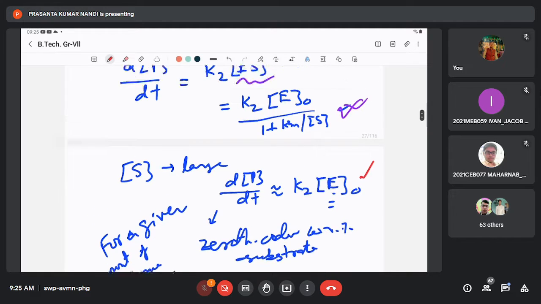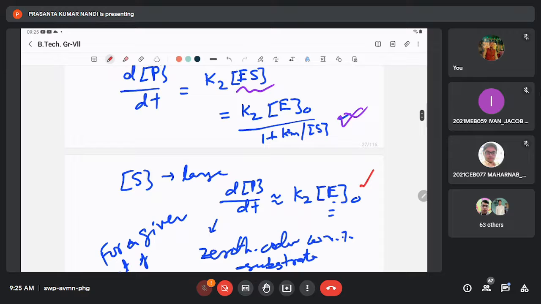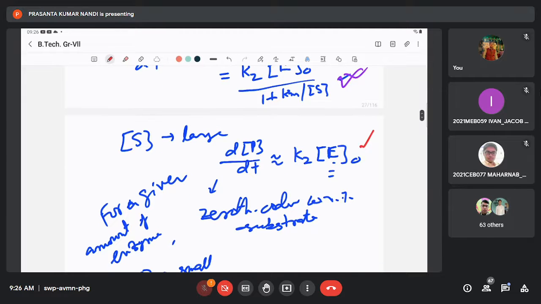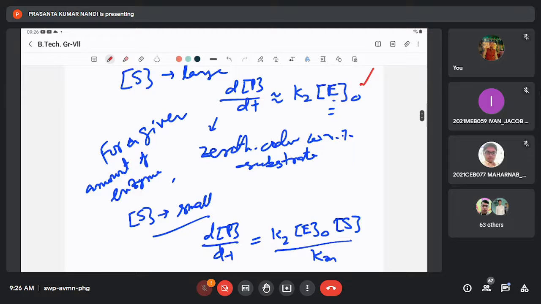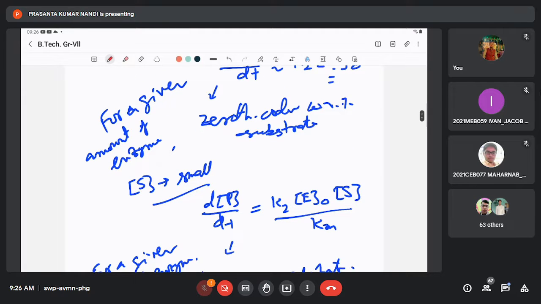If you take S in small concentration, then Km by the substrate concentration S, this magnitude will be significantly larger and we can simply ignore unity with respect to this quantity. And naturally, we can write K2 E0 S by Km. So when you keep substrate concentration small, then we get the rate equation, right?